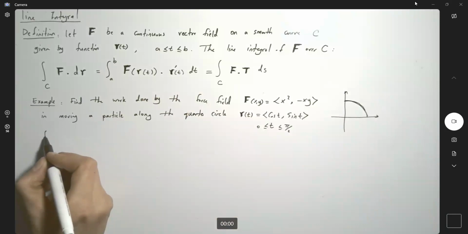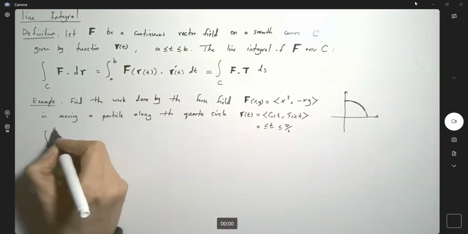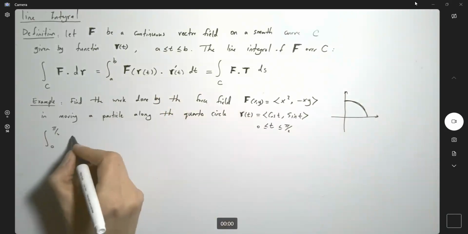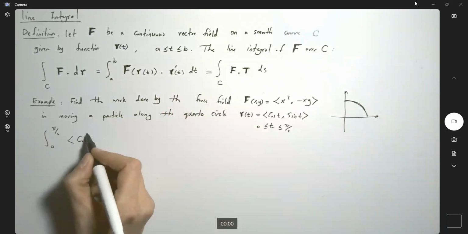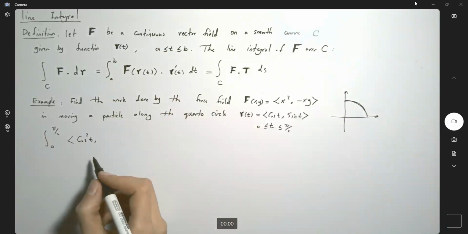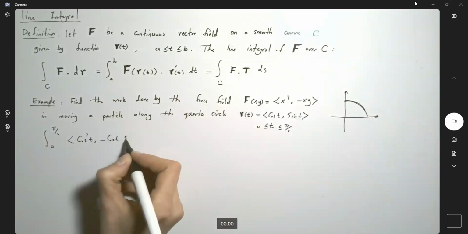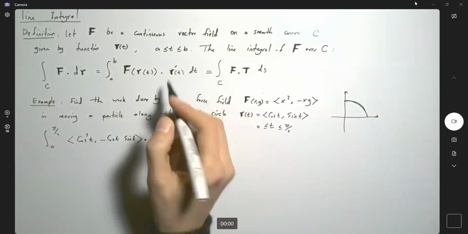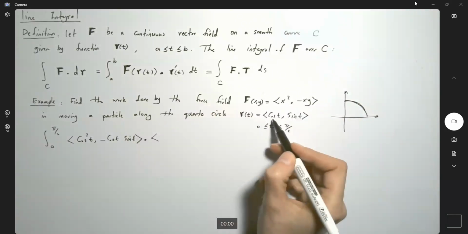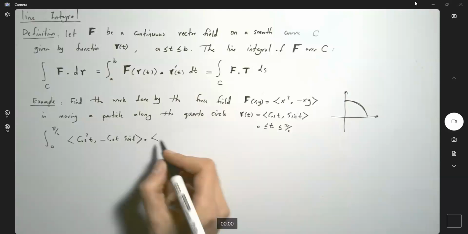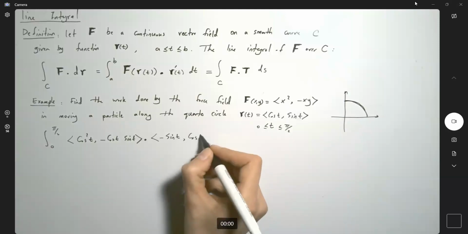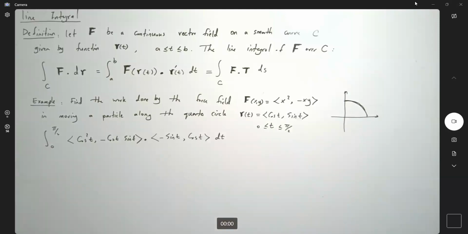The line integral becomes the integral from 0 to pi over 2 of F of r(t). So here I have cosine squared, comma, negative cosine times sine, dot product, guys, dot product, r prime of t. r is cosine t, sine t, the derivative of r is negative sine t, and the derivative of sine is cosine t, dt.